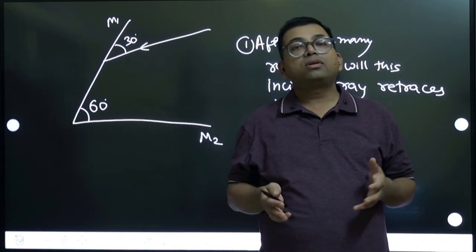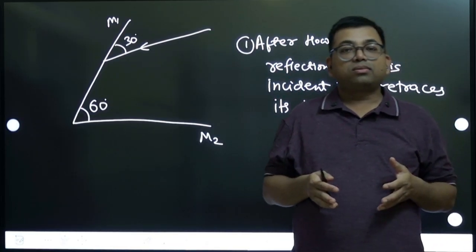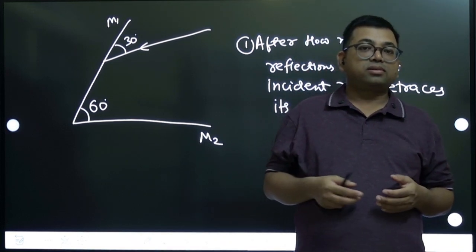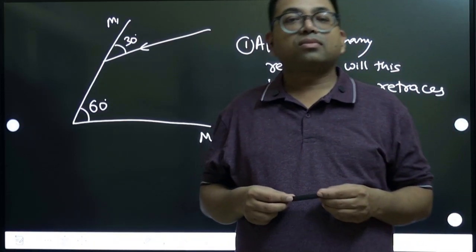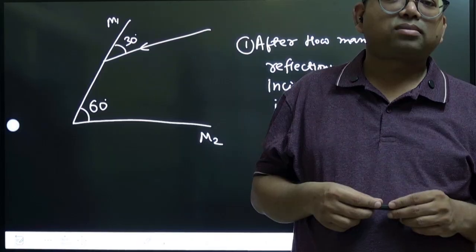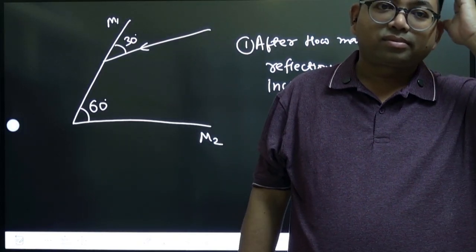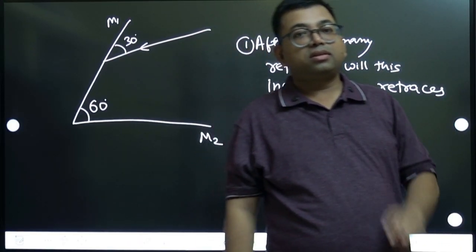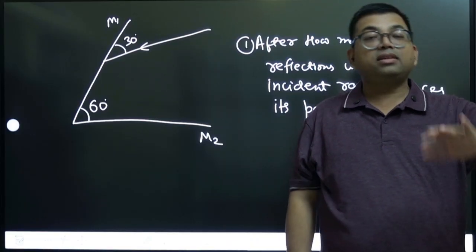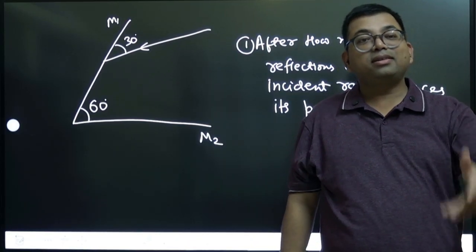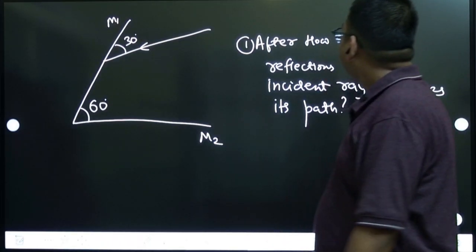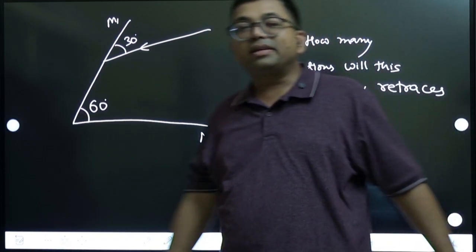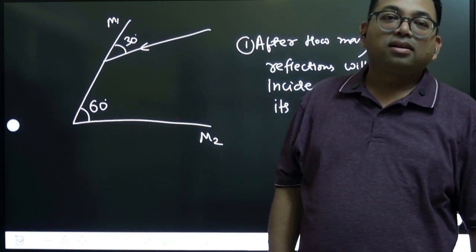Please keep your cameras on, interact and ask questions. Three reflections, or 23 reflections? After how many reflections will the incident ray retrace its path?